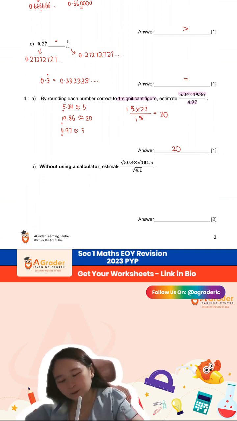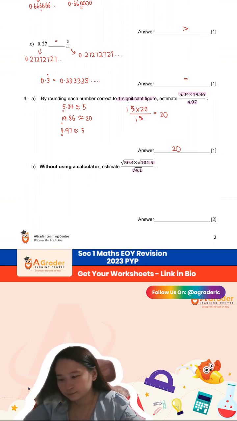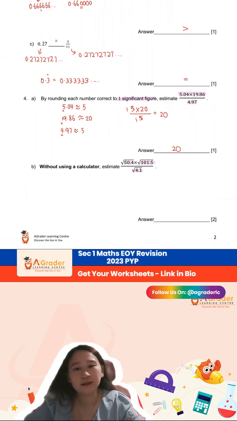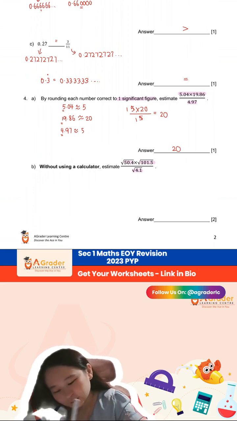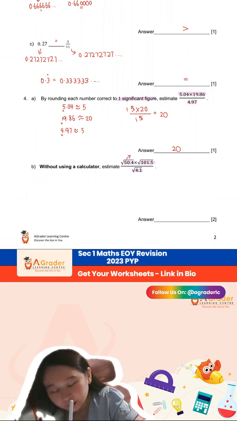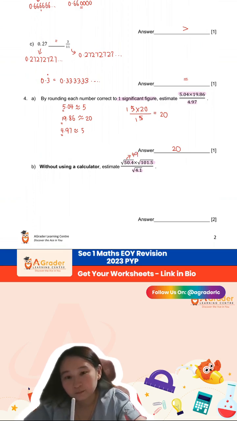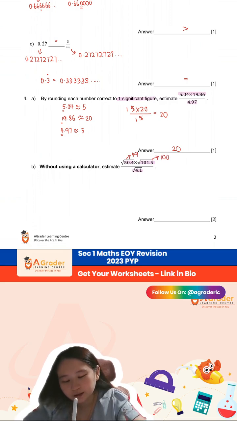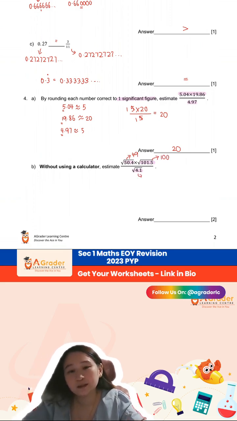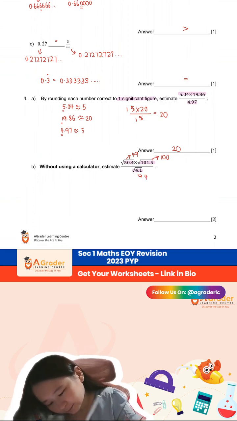Okay, so firstly, we focus on the number that's inside the square root. And then we round off the number that I've highlighted to the nearest square number. So for 50.4, the nearest square number is 49. For 101.5, the nearest square number is 100. And in my denominator, the nearest square number for 4.1 is 4.